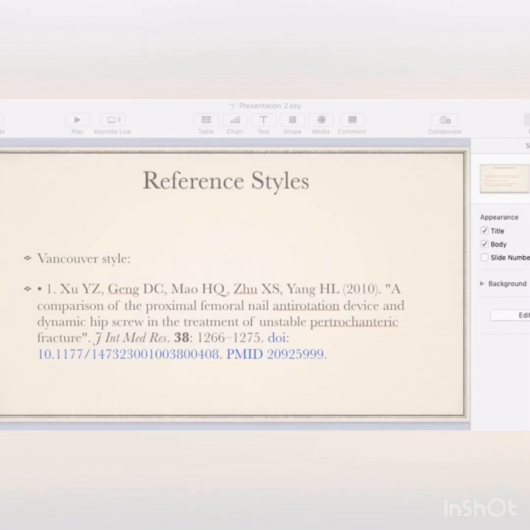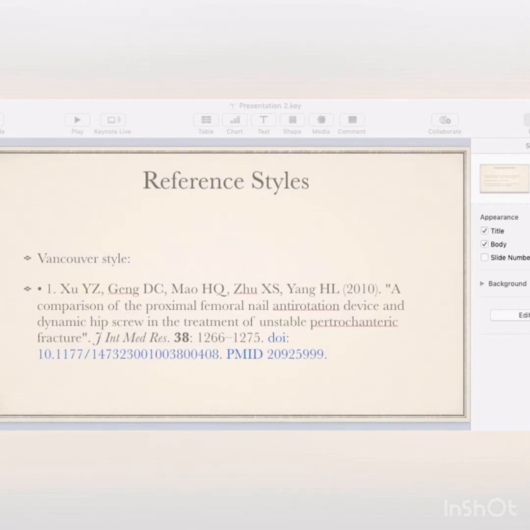And this is followed by the year of publication, again surrounded by parentheses, 2010 given in this example, and this is followed by the title of the script which is being cited: A comparison of the proximal femoral nail anti-rotation device and dynamic hip screw in the treatment of unstable peritrochanteric fractures.